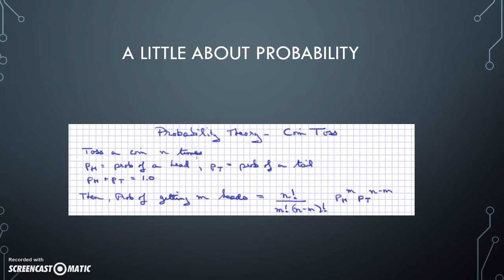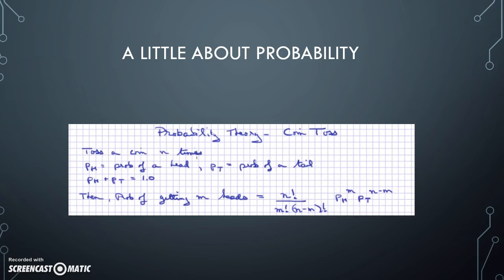To give an example, if you flipped a coin 5 times and wanted to predict the probability of getting 4 heads, it would be 5 factorial over 4 factorial times 1 factorial times 0.5, we're assuming it's a fair coin, to the 4 times 0.5 to the 1. And that would give us the probability of getting 4 heads out of 5 coin flips.